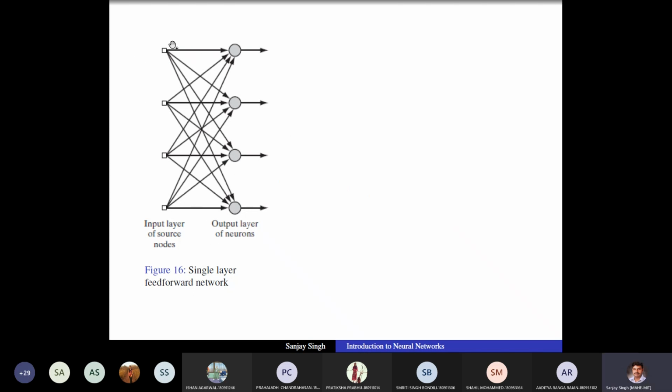Fully connected means this particular input goes to all the neurons in the next layer. Each input has 4 outgoing links because of the 4 neurons in this particular layer. Each one, 2, 3, 4, like that. So this kind of connection is called fully connected.